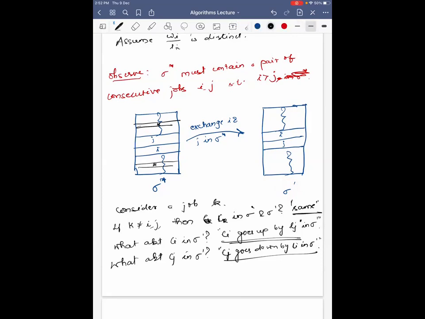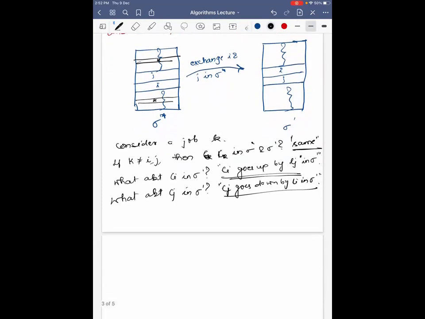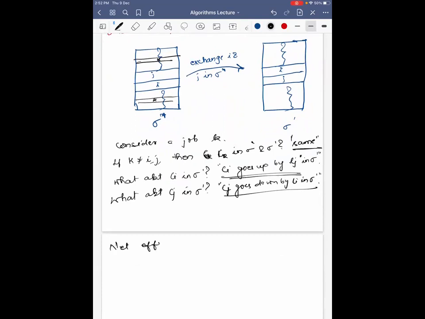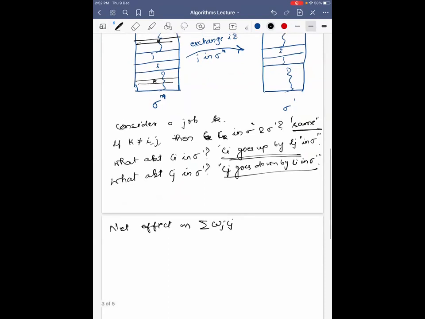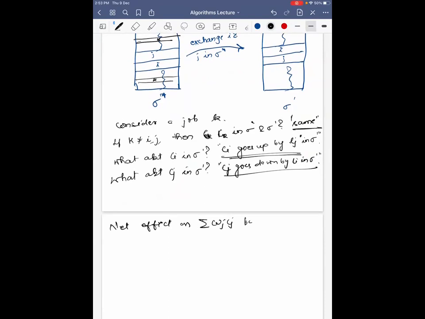So what is the net effect on the weighted sum of completion times by carrying out this exchange?